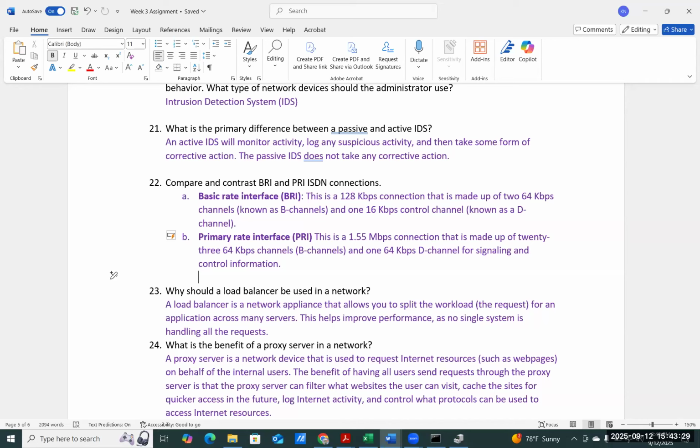Okay. So the load balancer is an appliance, a system, sometimes integrated within another appliance, but it's a system that allows you to split the workload, right? Or the requests of an application or servers across. So basically, it's like if I give you a very large job to do, right?